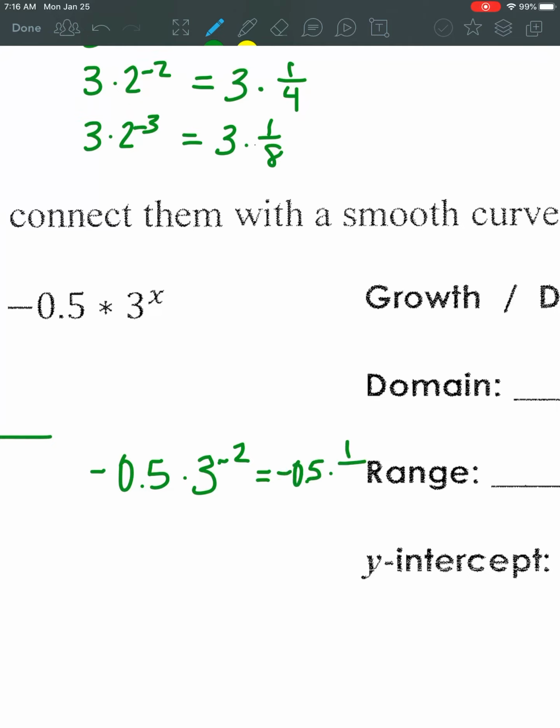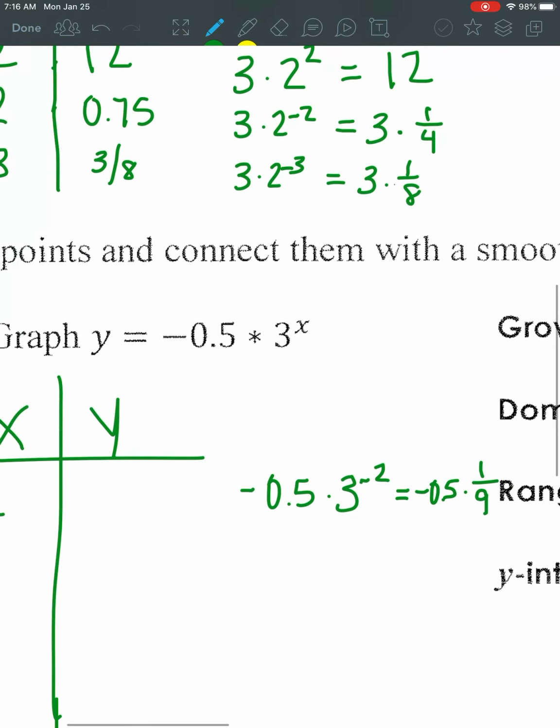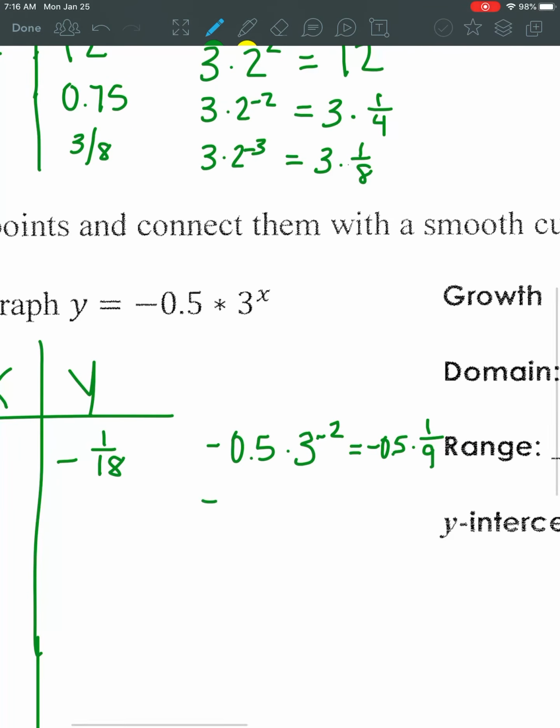So that will flip to negative 0.5 times 1 over 3 squared, and 1 over 3 squared is 1/9. So we're going to end up getting a negative for this one. And we're going to end up getting, let's see, 1/2, so negative 1/18.